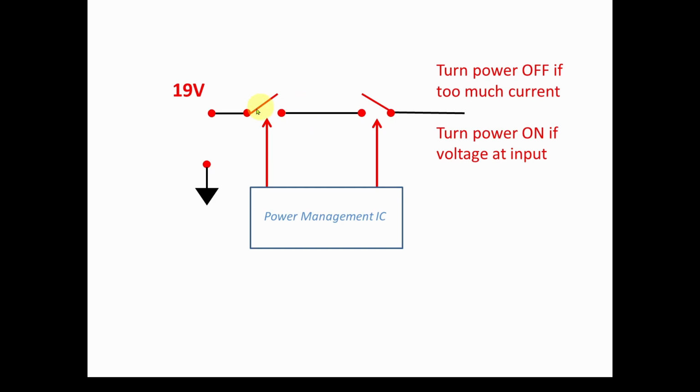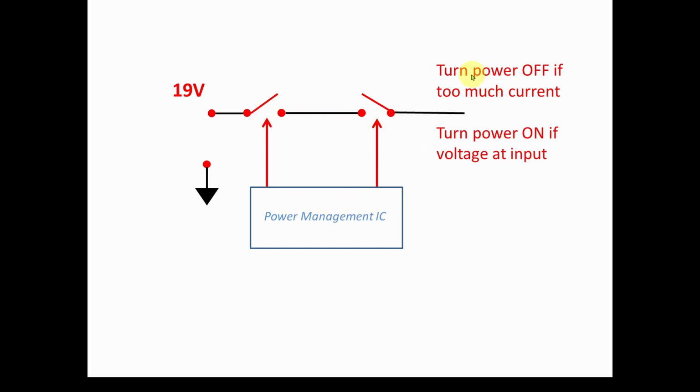But we want them to be controlled by some logic, and that's going to be called the power management integrated circuit or power management chip. And that is going to be doing a lot of the logic we've talked about previously, sensing whether it's okay to close or whether we should be opening those switches, right? But we need to have some controlled switches that take signals from the power management to open and close them as appropriate.